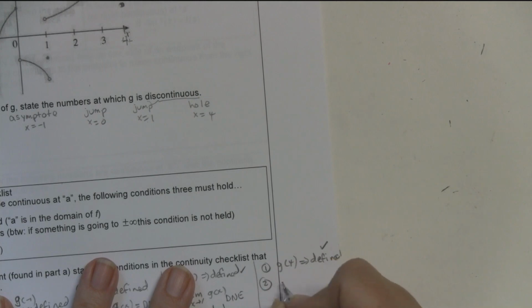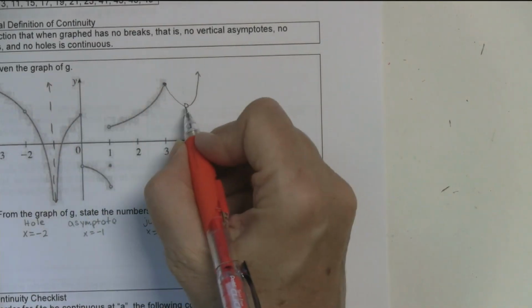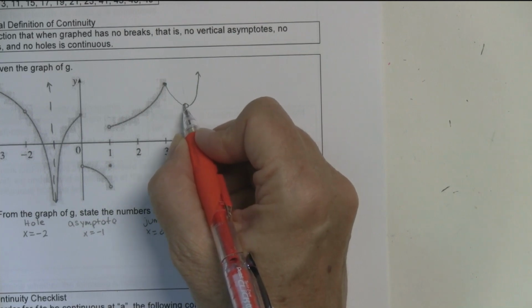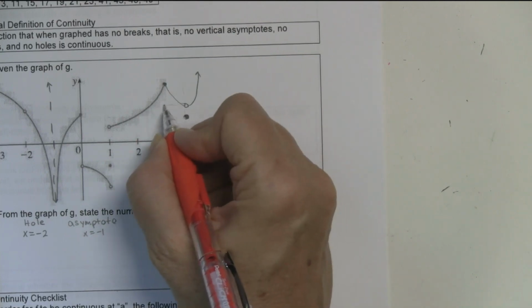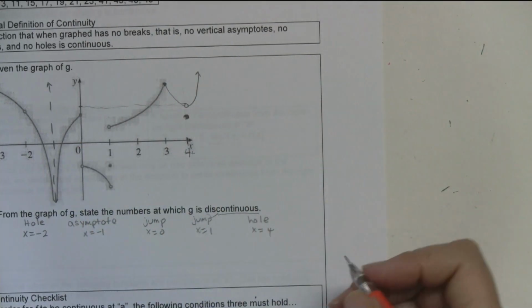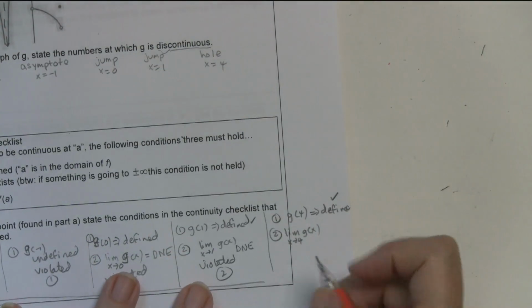When I do the limit as x goes to 4 of g of x, it's equal to some value from the left side and from the right side as you get closer and closer. Whatever this height of this hole is right there, that will be the limit. And so it exists.